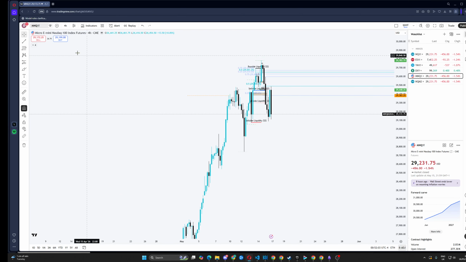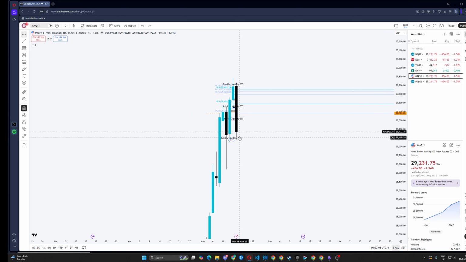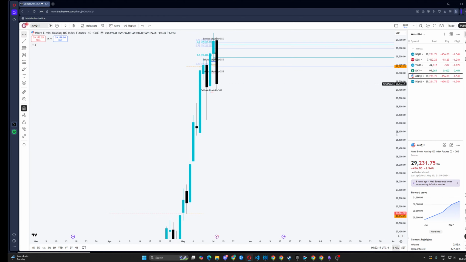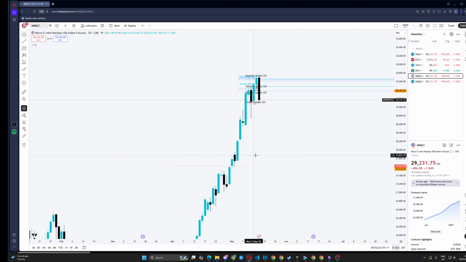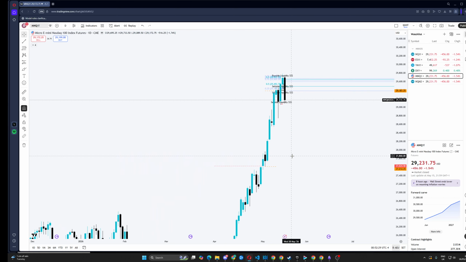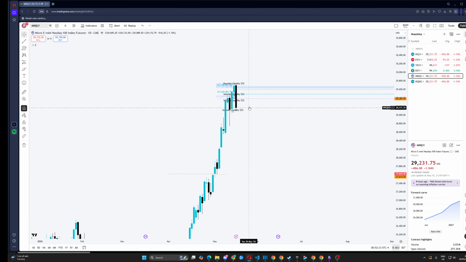I do expect, because there was no reason for us to come back lower to here, so once this does whatever the next day, if we break the CE of this and close below this gap, we're going down, right? I would expect us to go down at least somewhere here, maybe even revisit this daily order block. It could be even lower, but this is, in my eyes, definitely a turning point, right?